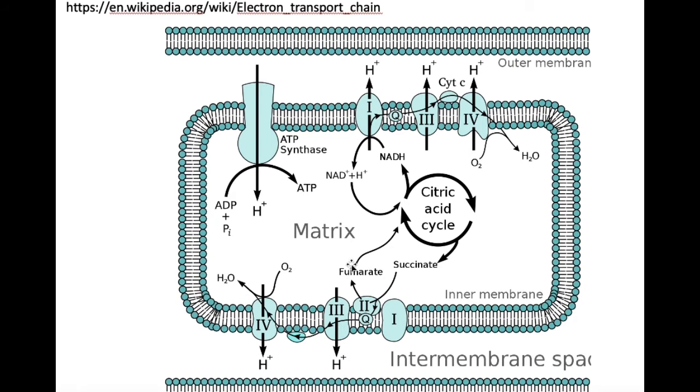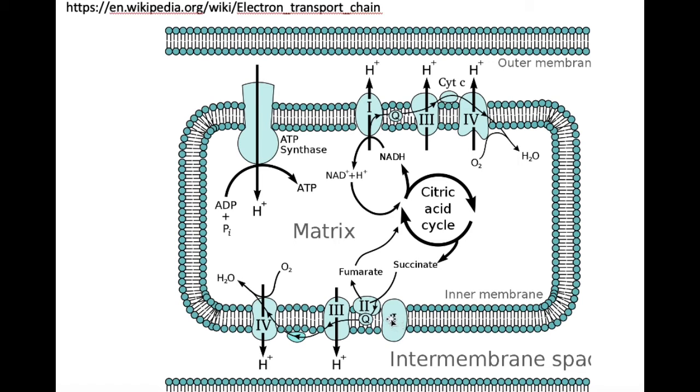So here we are. This is a zoomed in view of what's going on. And there's these various proteins that are embedded in the inner membrane. And those proteins are going to receive electrons from either NADH or FADH2. And they're going to basically transport those electrons down to the next complex. So there are different complexes. They're called complexes. So there's complex 1, complex 2, whatever.